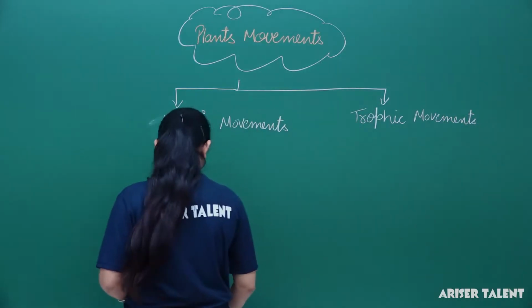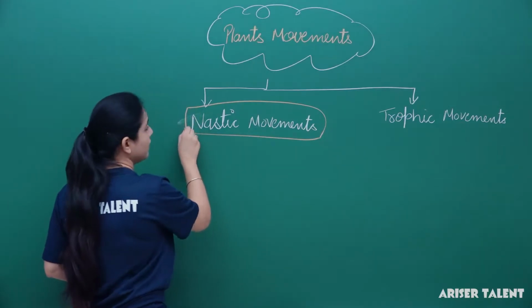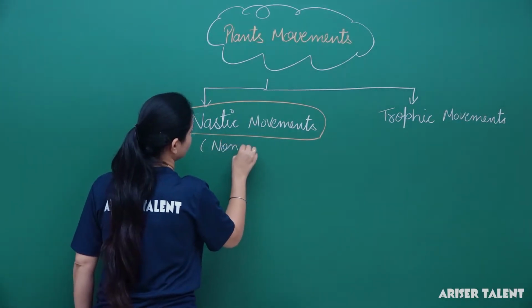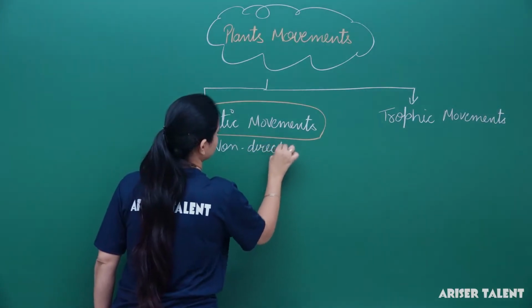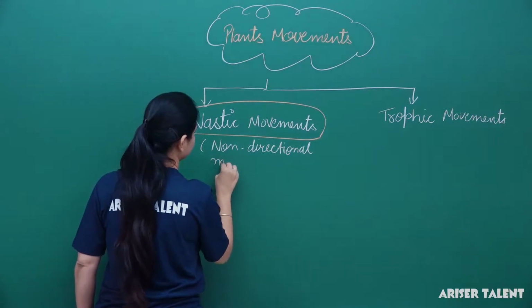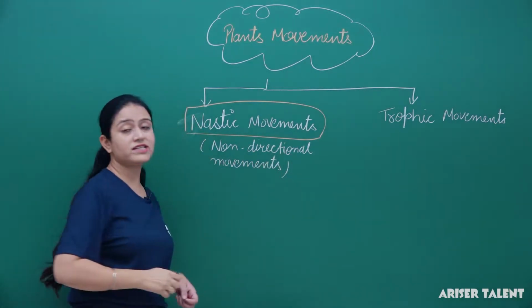Nastic movements are generally known as non-directional movements. Why are they known as non-directional?